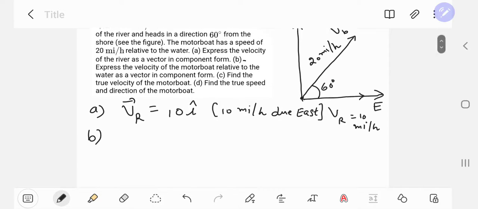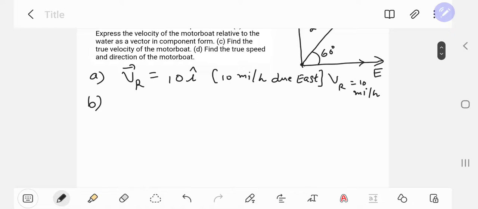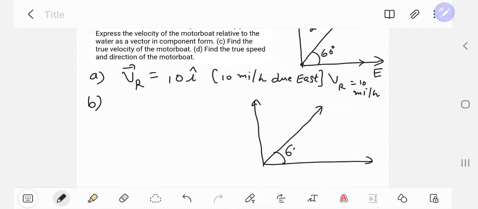I'll draw another diagram right here, and I will include only the 60-degree component. This will be the cos component, because this is adjacent, which is along the x-axis, and this will be the y component of the boater, the y-axis component.